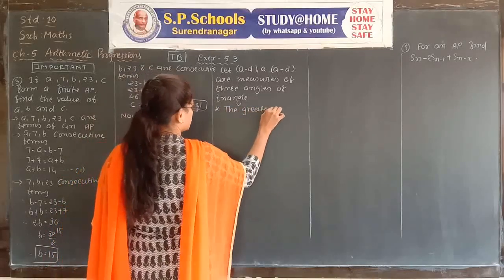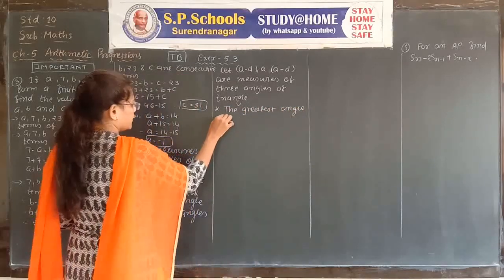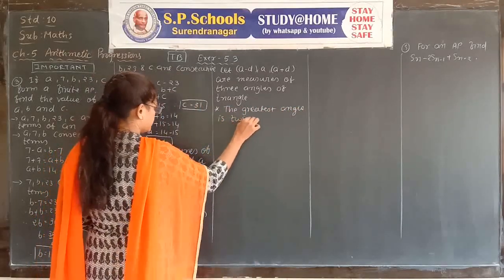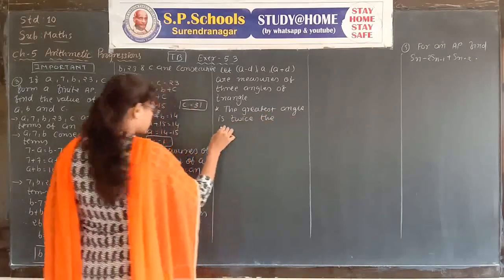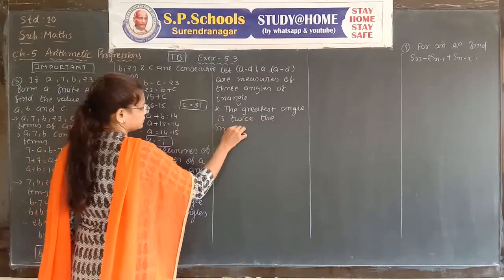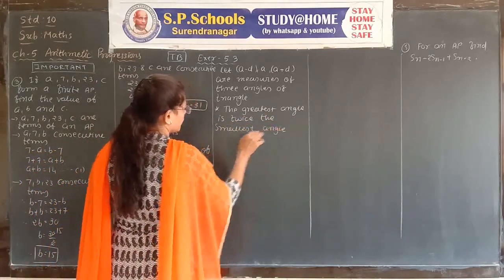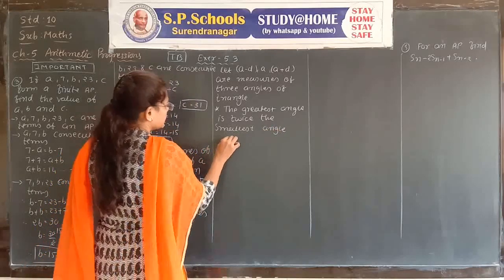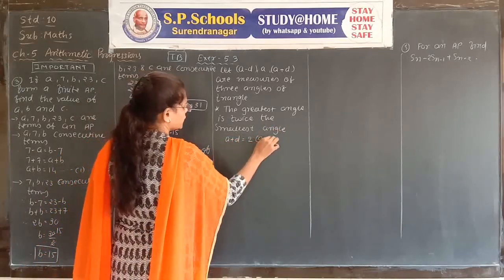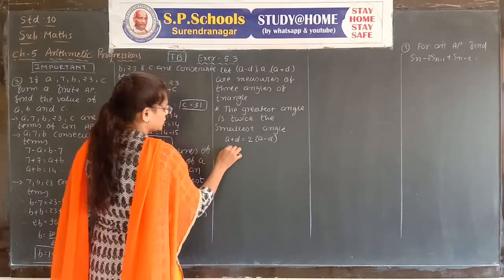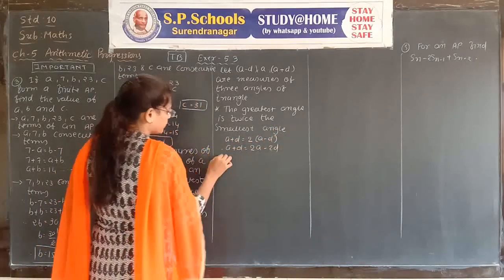The greatest angle is A plus D, which is twice the smallest angle, A minus D. That's why A plus D is equal to 2A minus 2D.